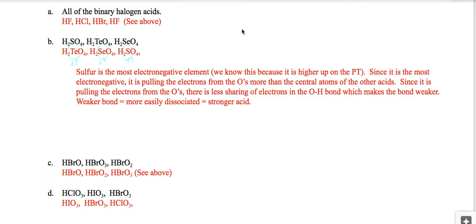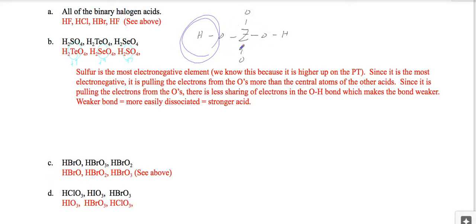So I'm going to do Z for the central atom for tellurium, selenium, or sulfur. So it's just a generic thing here. We have oxygen, oxygen, oxygen, oxygen. Boom, boom, boom, boom. Hydrogen and hydrogen. So that's what each of these looks like. And so when we talk about this, we're only going to focus on one of these hydrogens because the second one is always going to come off more or less easily. And we don't get into why that's the case. It's just the first one we're going to talk about.